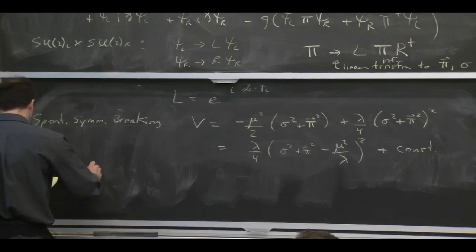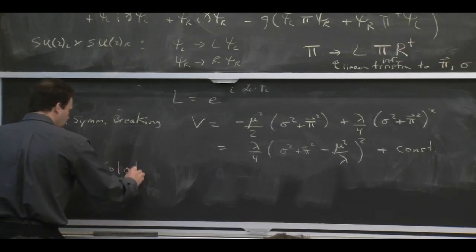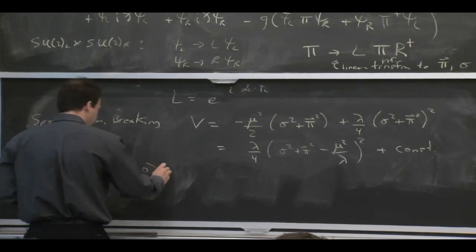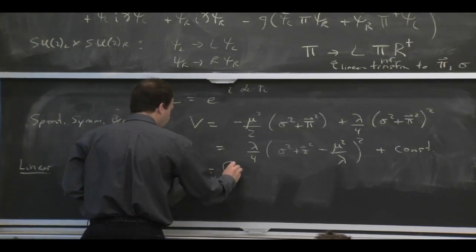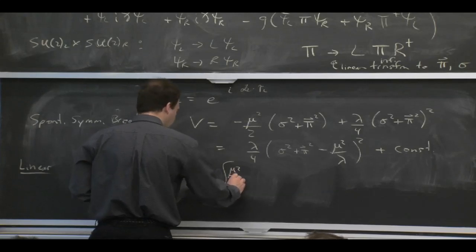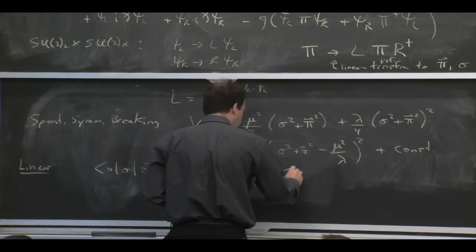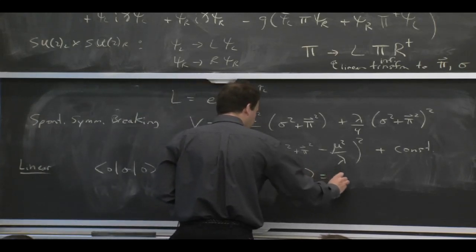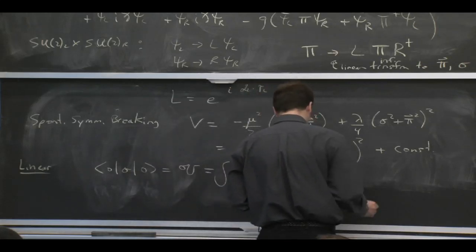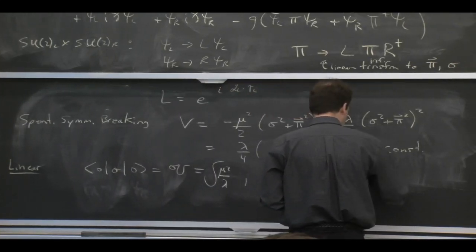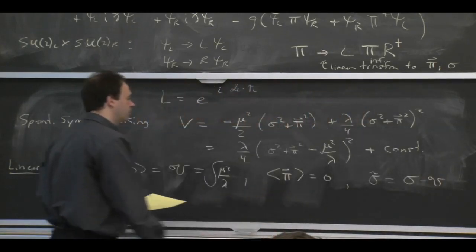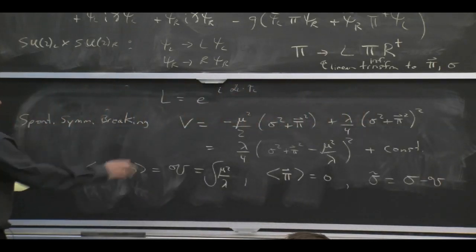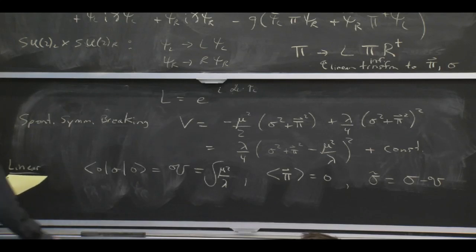So let this guy have a vev, which I'll call curly v, squared mu squared over lambda. The pi vector field has no vev, because we want to maintain the vector symmetry. And we talk about a shifted field, which describes perturbations around the vev. We do quantum field theory in the sigma twiddle.